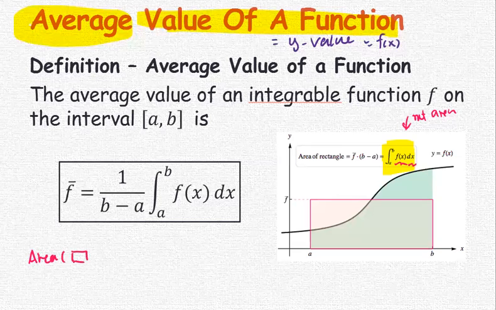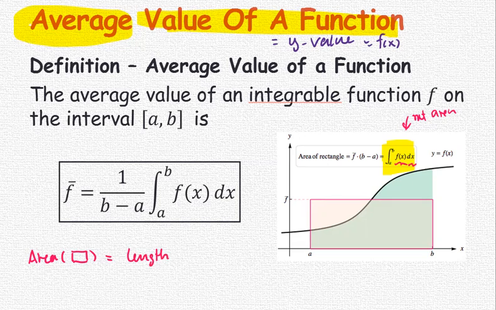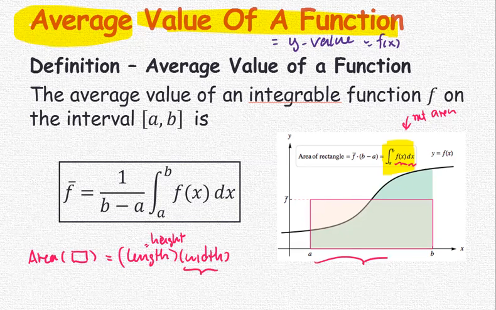Okay, for the area of the rectangle, we use the classic formula length times width, or the height times the width. Based on the figure that we have here, the width is the delta x, which is b minus a.